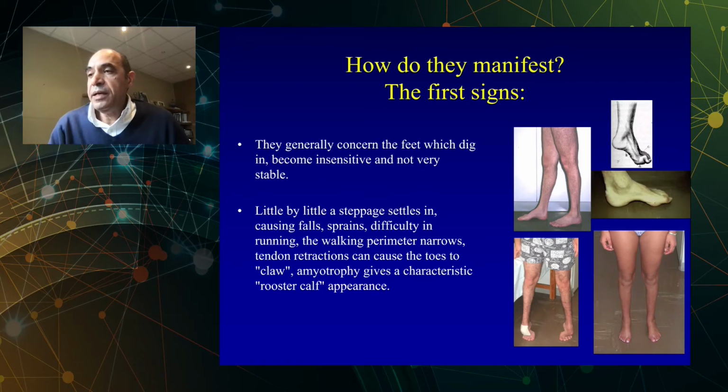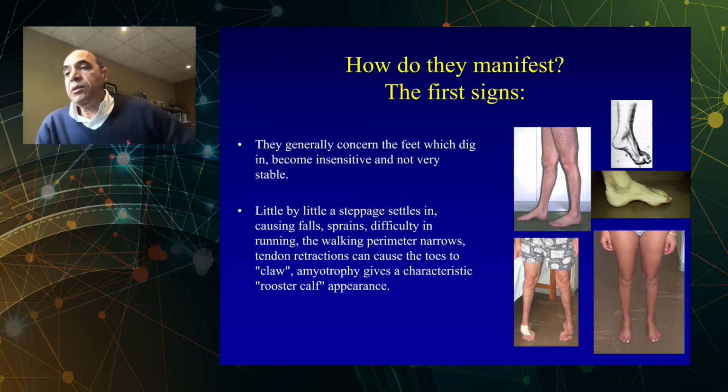Little by little, distal motor weakness appears with steppage, causing falls, sprains, difficulty in running, and the walking perimeter narrows. Tendon retraction can cause claw-shaped toes. Amyotrophy of the calf gives a characteristic appearance called a rooster calf.